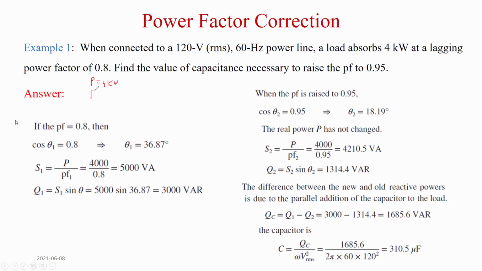Power factor 0.8. We want to raise it to 0.95. Now when we raise it, P, we don't change it. This is the new, this is the old. P is going to be the same, 4 kilowatt.